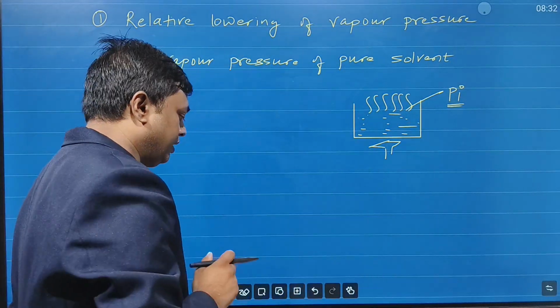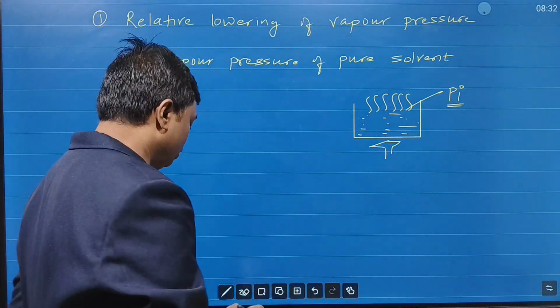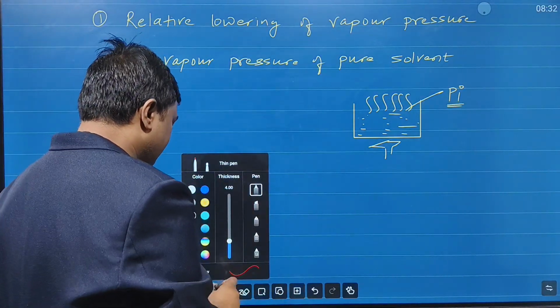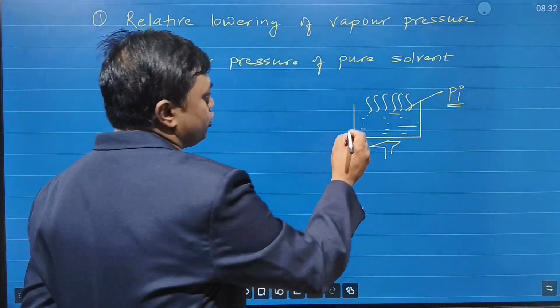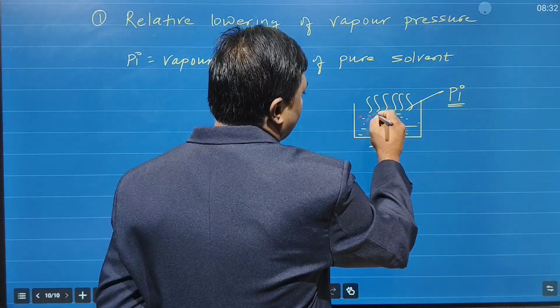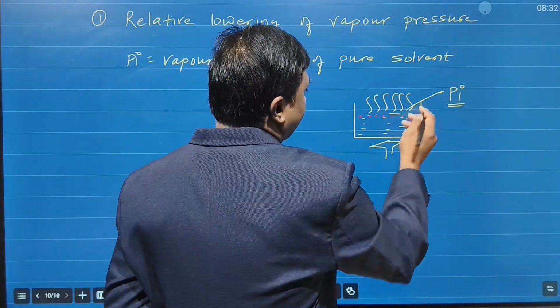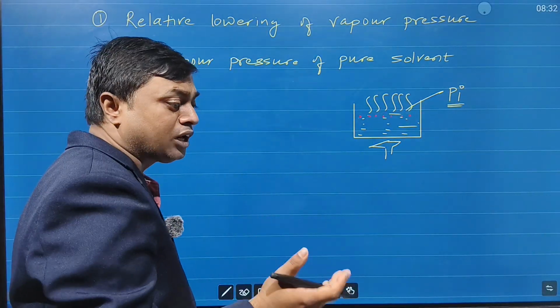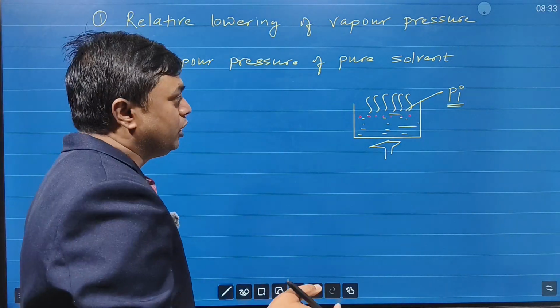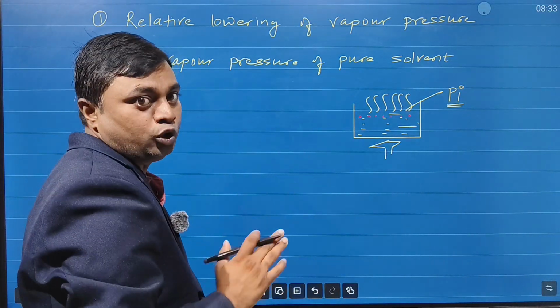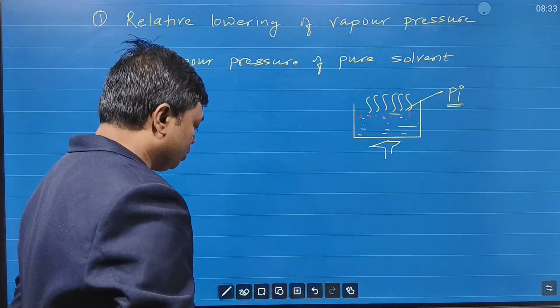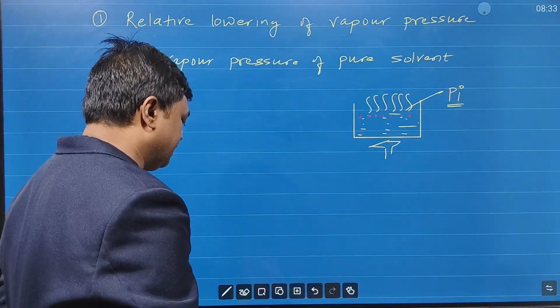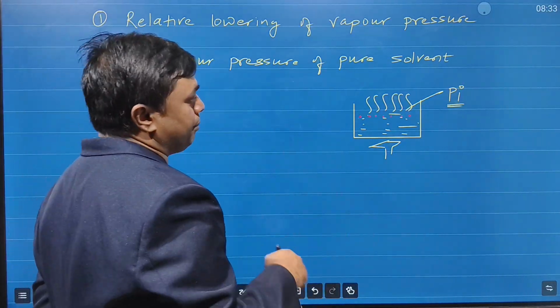In this solvent, now we are adding some non-volatile solute, like glucose. Once you mix a non-volatile solute, what will happen? It will not convert into vapor. Now it is a solution, right? Solute plus solvent is a solution. So if you heat at the same temperature, there will be lowering in vapor pressure.